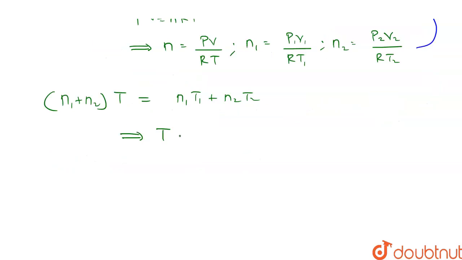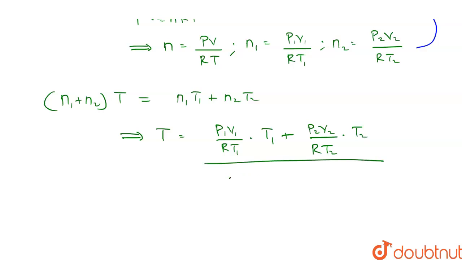Rearranging, we get T is equal to n1, which can be written as P1 V1 by RT1, into T1, plus n2, which is P2 V2 by RT2, into T2, divided by, in the denominator, n1 plus n2, which can be written as P1 V1 by RT1 plus P2 V2 by RT2.